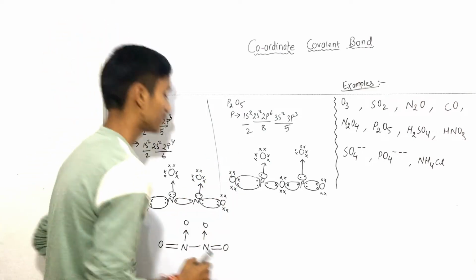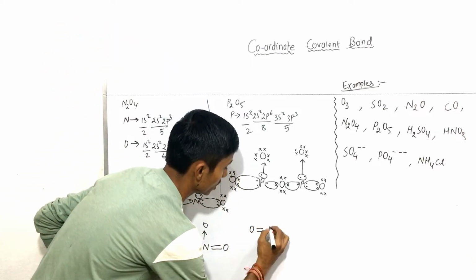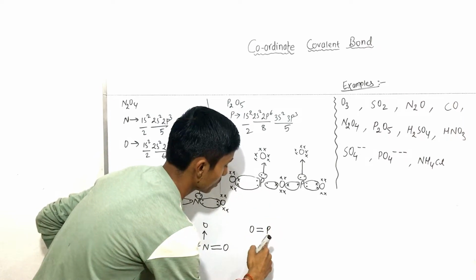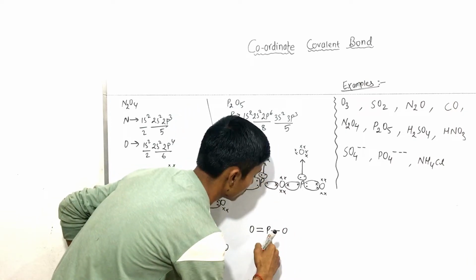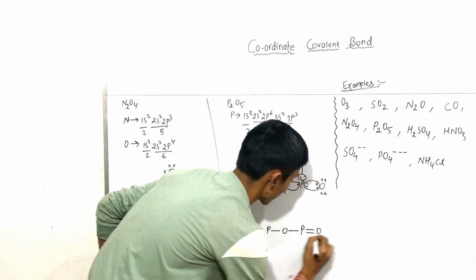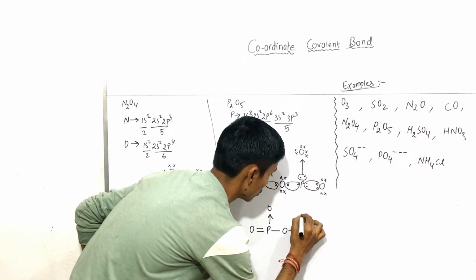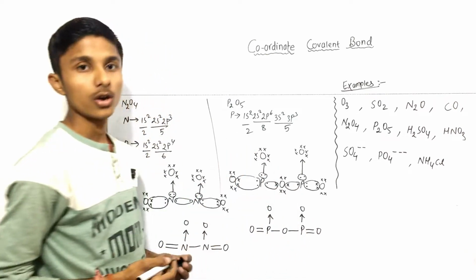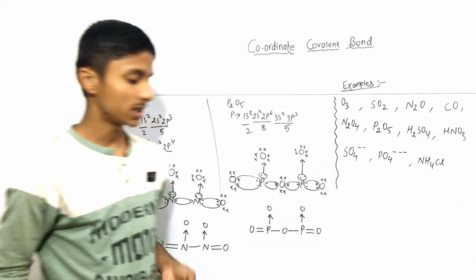So now here we show bond. Here double covalent bond between this phosphorus atom and oxygen atom, and single covalent bond between this phosphorus atom and oxygen atom. Similarly like this, and one coordinate covalent bond here and another coordinate covalent bond from donor atom phosphorus to acceptor atom oxygen.